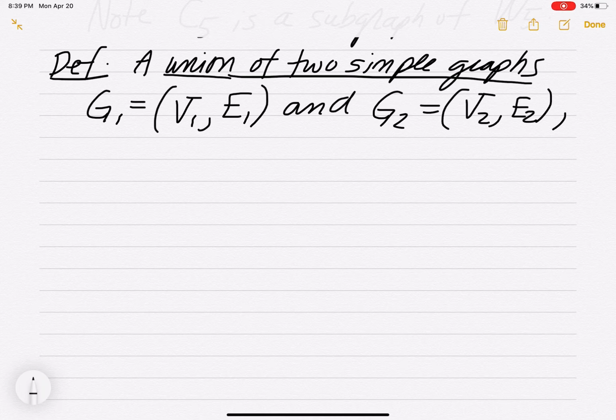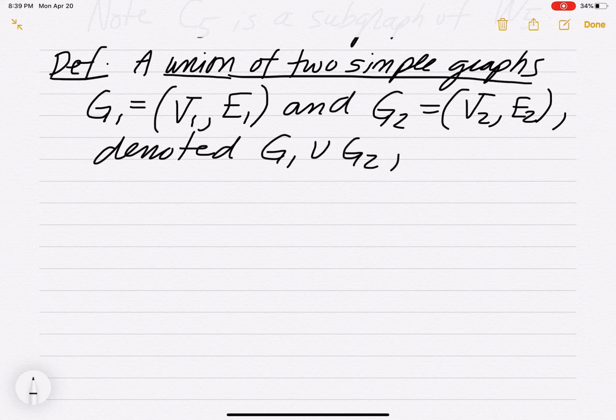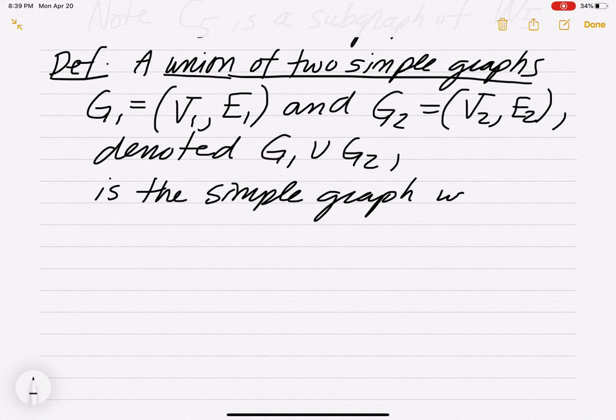And the way we're going to denote the union of two graphs, we're going to call it G1 union G2. The union is the simple graph with vertex set... So remember, when you take a union, you just put things together.